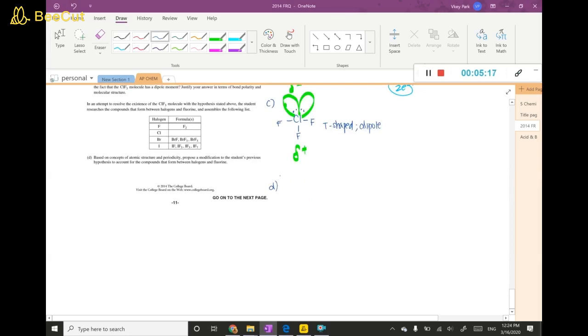Based on concepts of atomic structure and periodicity, propose a modification to the student's previous hypothesis to account for the compounds that form between halogens and fluorine. So, we can say an acceptable hypothesis would, one, must include, in regards to its atomic structure, the fact that the F atom has an odd number of electrons.